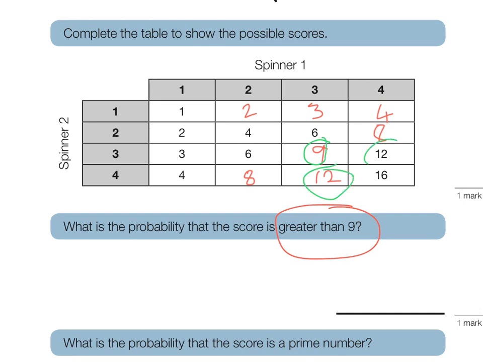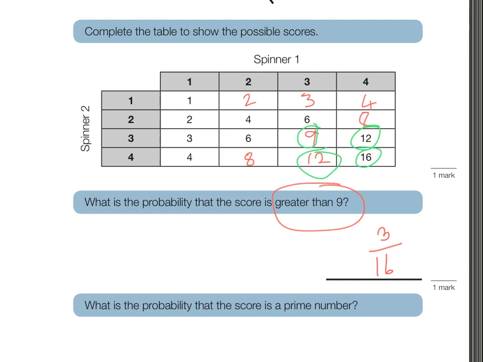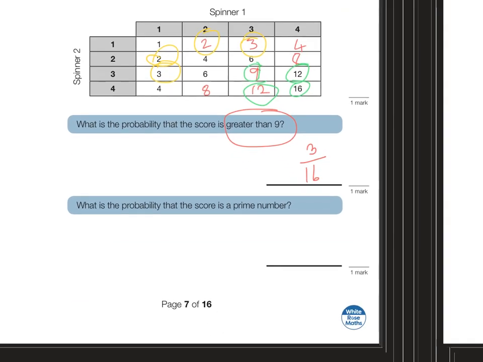So you've got 1, 2, 3. 3 out of 16, and a prime number. 2, 2, 3, and 3. There's your prime numbers. So that is 4 out of 16, which you can simplify to a quarter, but you don't need to if you don't want.